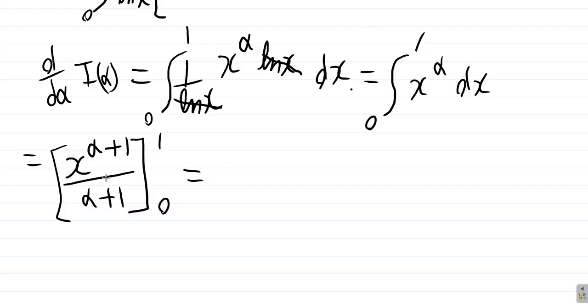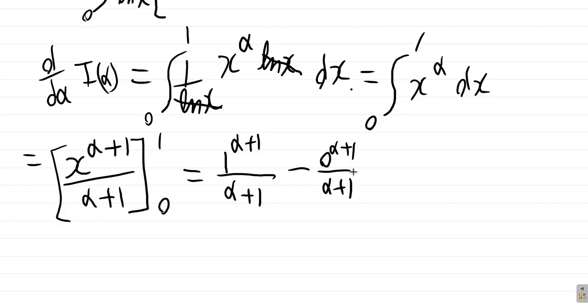So what you have, the upper boundary, x to the alpha plus 1, you substitute 1 for x, 1 to the alpha plus 1 over alpha plus 1, minus the lower boundary, 0 to the alpha plus 1 over alpha plus 1.